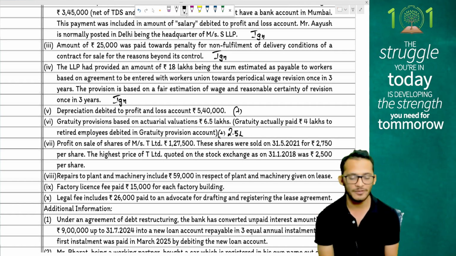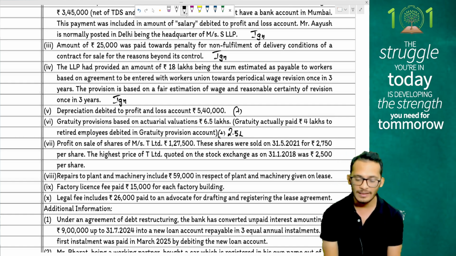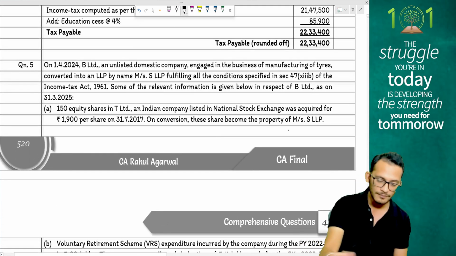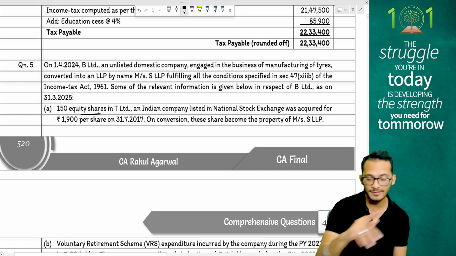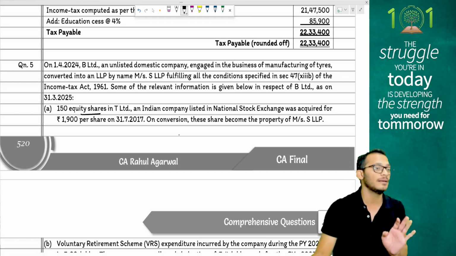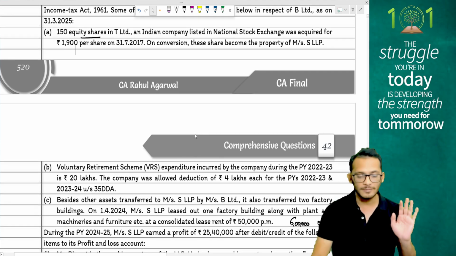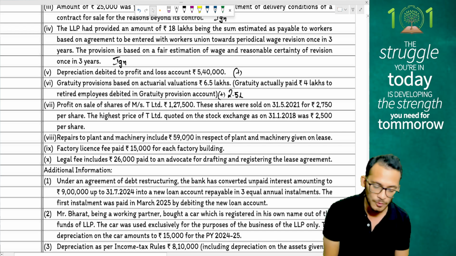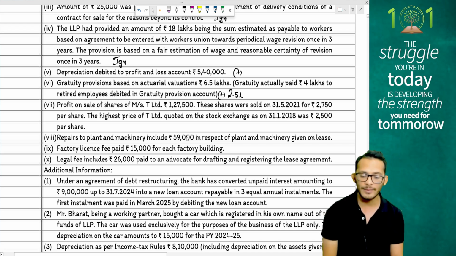Profit on sale of shares of T Limited is 127,500. These shares were 150 equity shares. Nowhere is it given that this is my wholly owned subsidiary, so I'm holding back information.